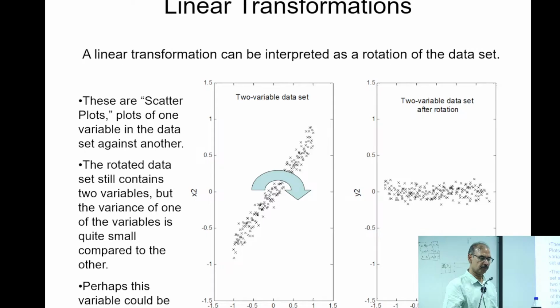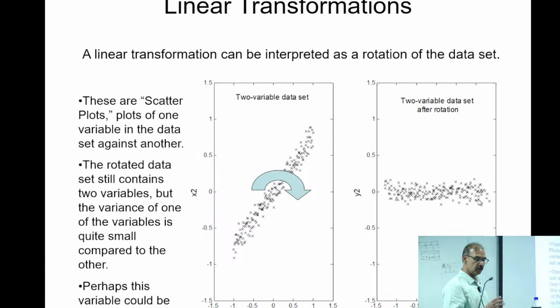In this case, a linear transformation can be interpreted as a rotation of the data set. So you have one data set, a scatter plot, and then you use a transformation which will make the slope 0.